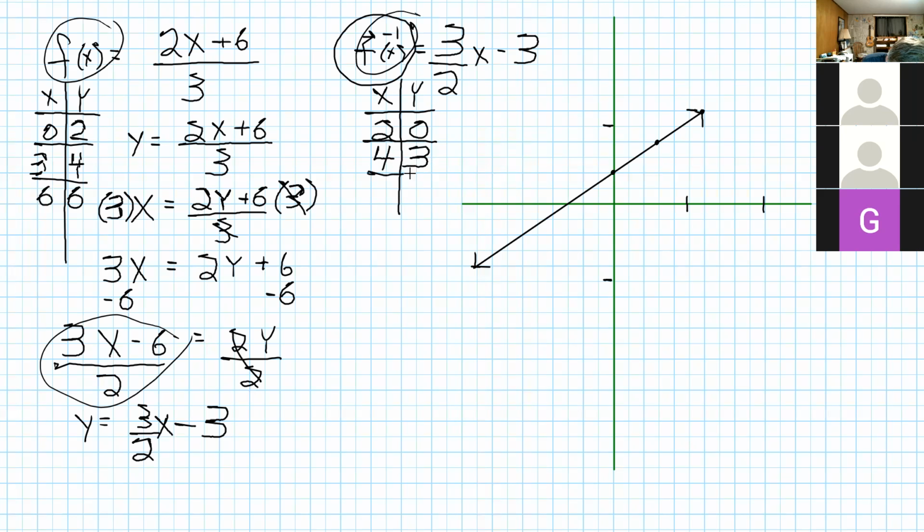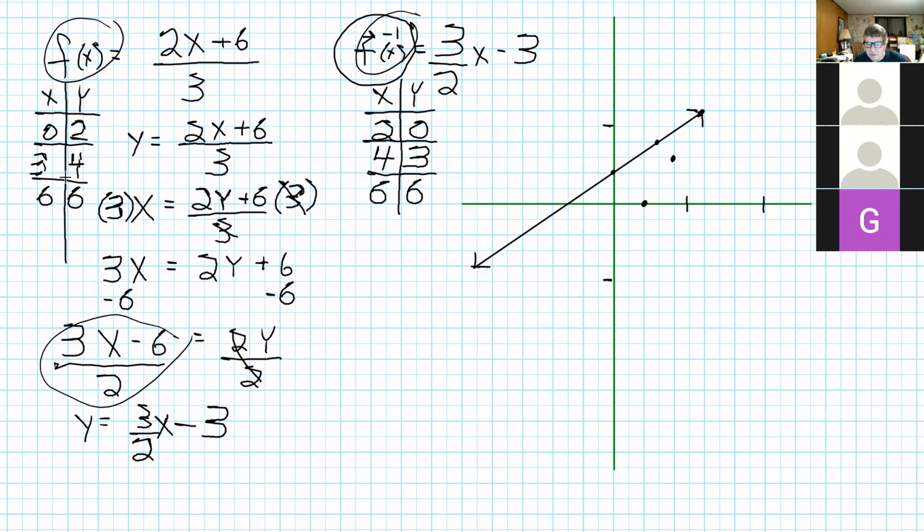And that's an ordered pair of that equation? Yes. And that's an ordered pair of that equation. So let's graph those points. (2, 0) is right there. (4, 3) is right there. And (6, 6) is right there.